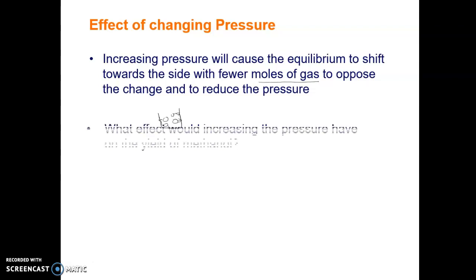So if you want to increase the pressure, you really want more and more particles in that particular medium. So what I'm trying to say here is, if the pressure is high, it indicates that the system has got very crowded particles.